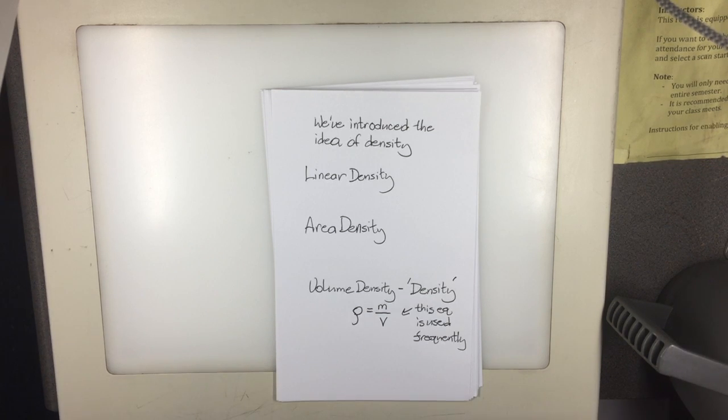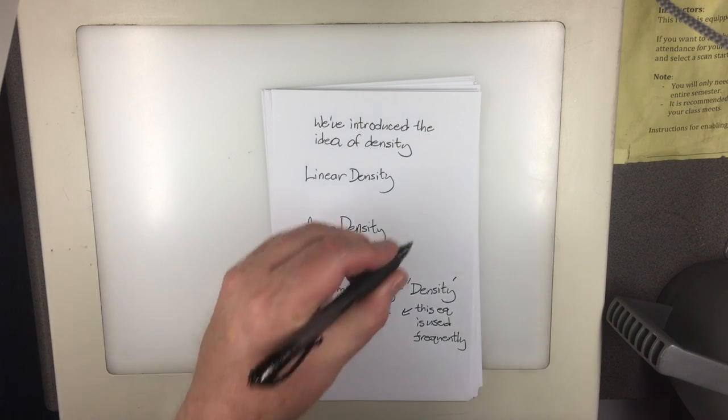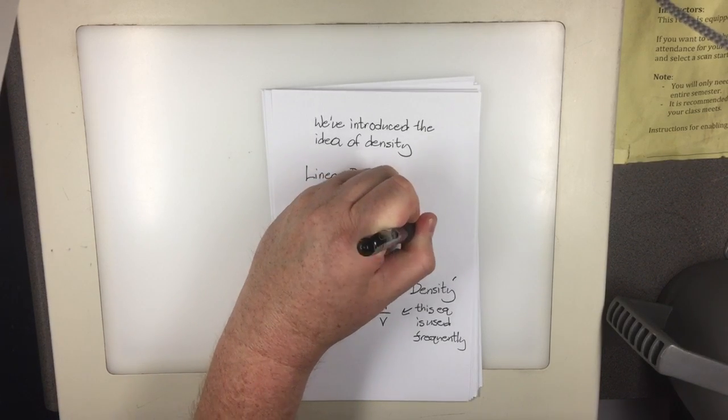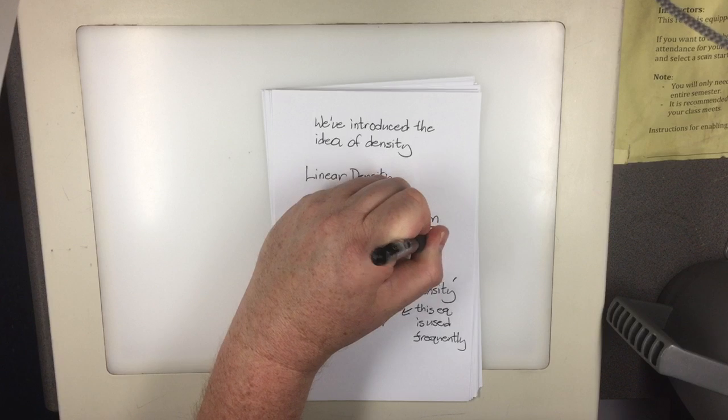Now, area and linear densities are a little bit different. Technically the tile on the floor has a volume. It has a very small thickness, but it does have a definite area. And so it's easier to measure a tile's area than to try to figure out its volume. So what area density is, and we use sigma, is just mass over area.